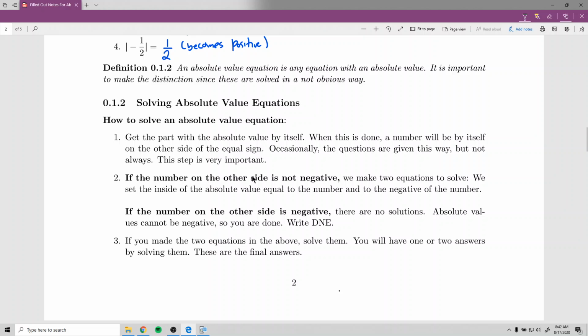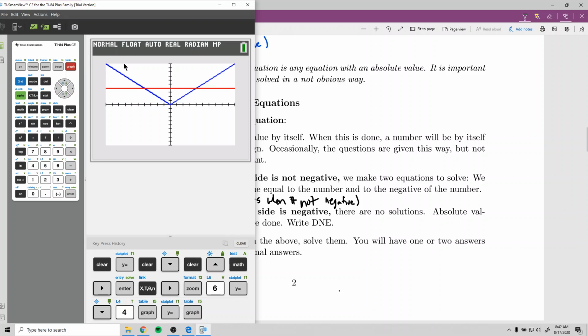If the number on the other side is not negative, you'll get two equations to solve, and you'll get two answers, one for each one you solve. And that's exactly what we're seeing here. Because the number 4 is not negative, it's positive, we get two answers. One right there and one right there.